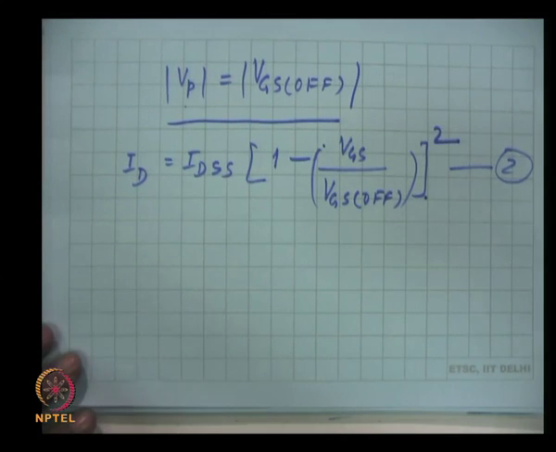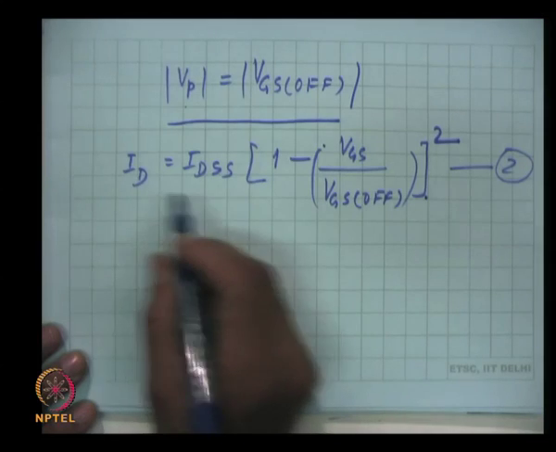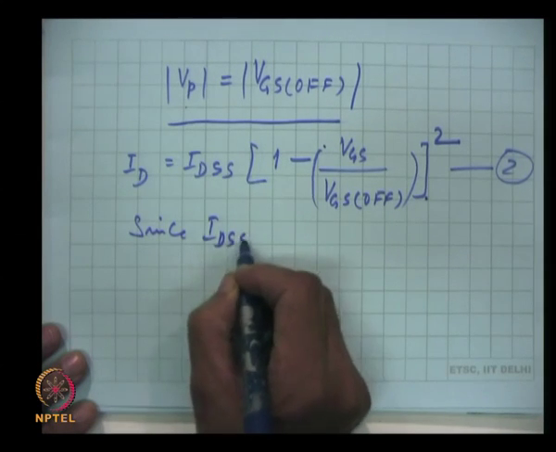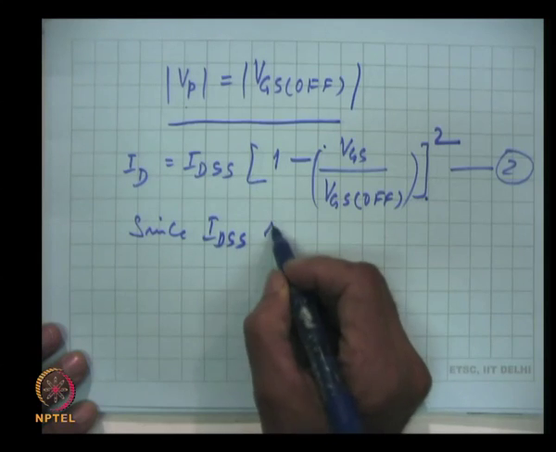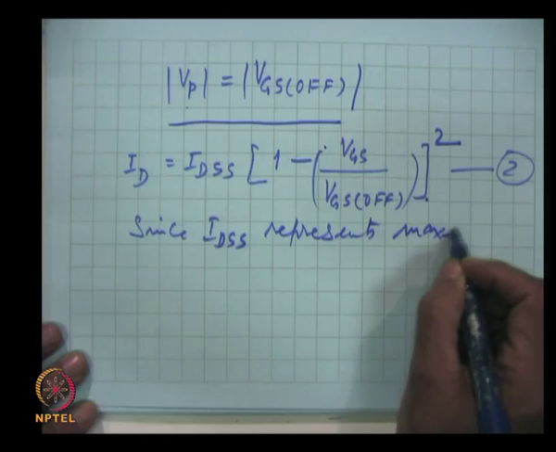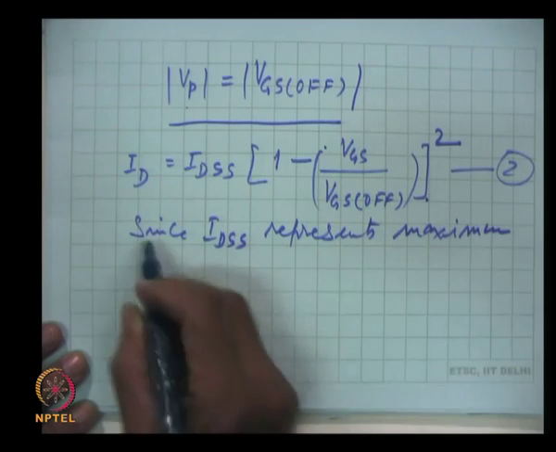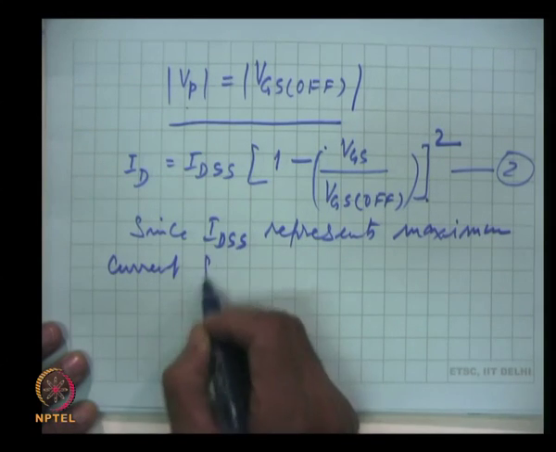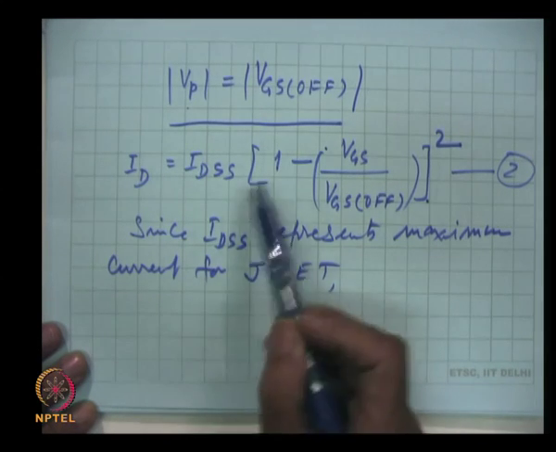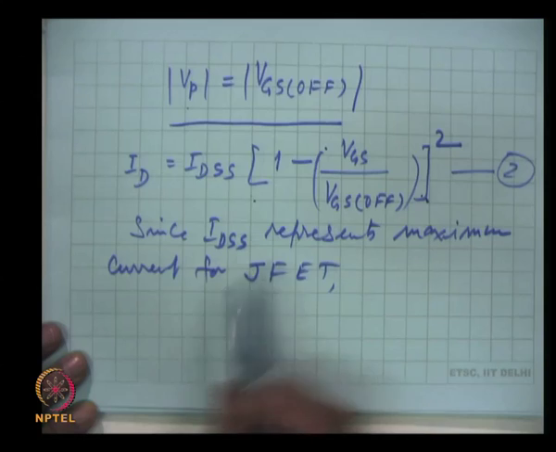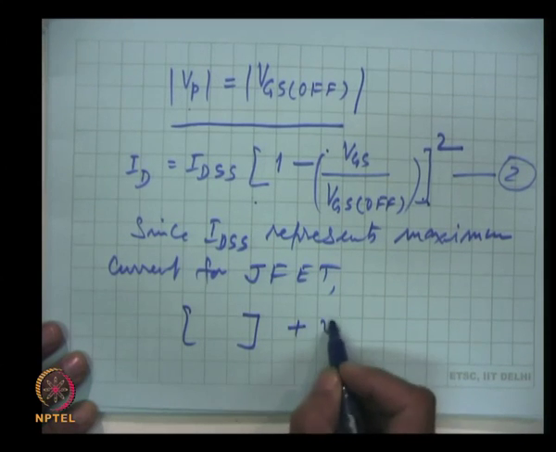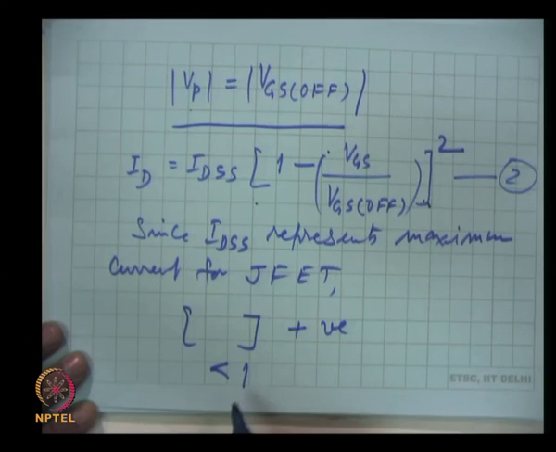So, what I have said is this: since IDSS represents the maximum current for JFET, the quantity in the bracket has to be positive, and it has to be less than 1.